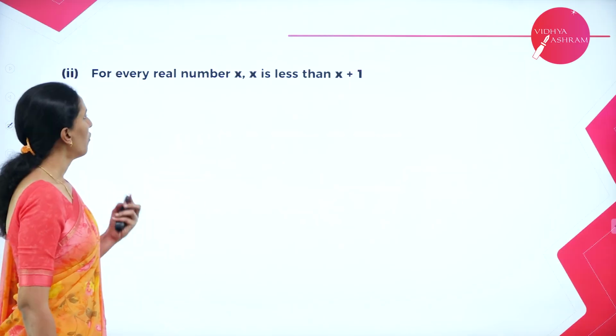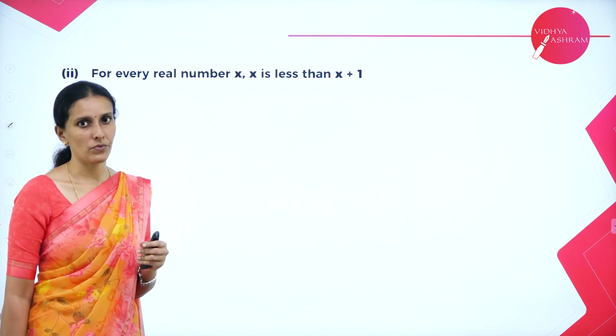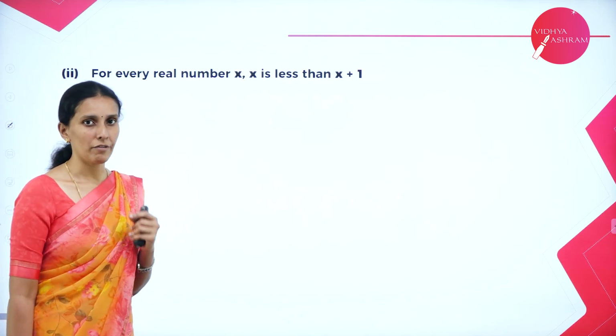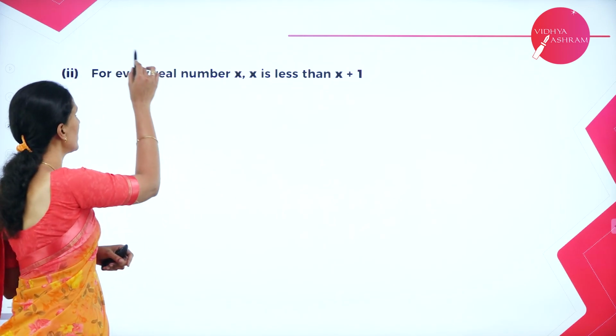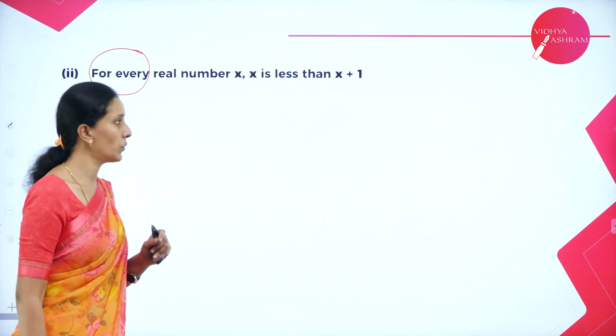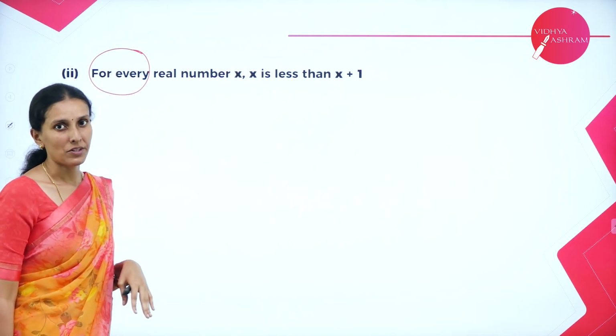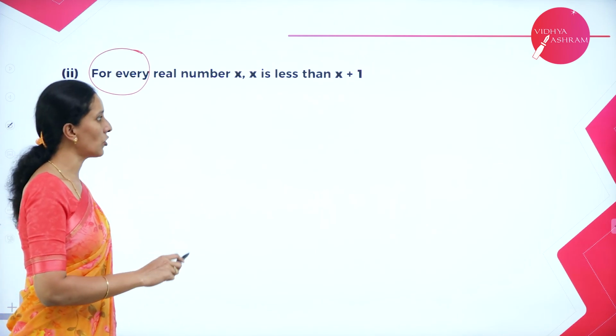Next question. For every real number x, x is less than x plus 1. First identify the quantifier. The quantifier word used is for every. So for every is the quantifier used here, and they have given x is less than x plus 1. Now how to write a negation of this statement?